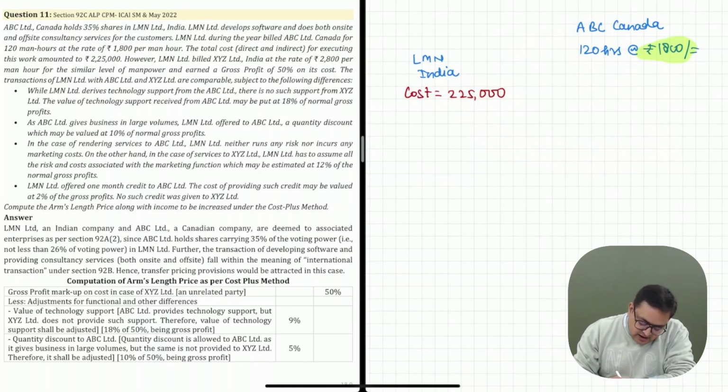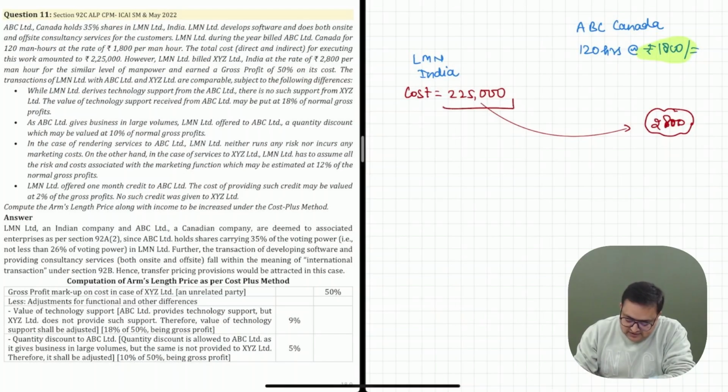Okay. However, Element Limited billed XYZ India at a rate of 2800 per man hour for a similar level of manpower and earned a gross profit of 50% on its cost. They are saying that they have actually billed 2800 rupees per man hour to them, and our gross profit is how much? 50% on cost.